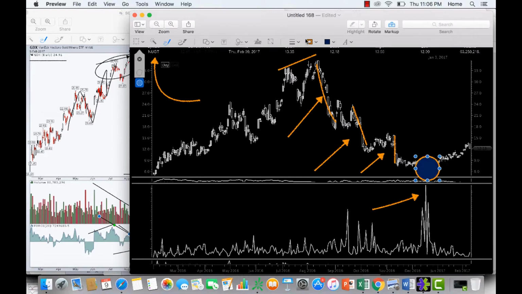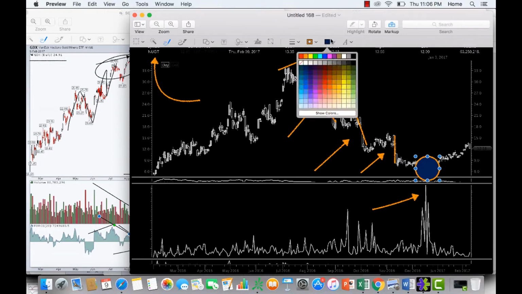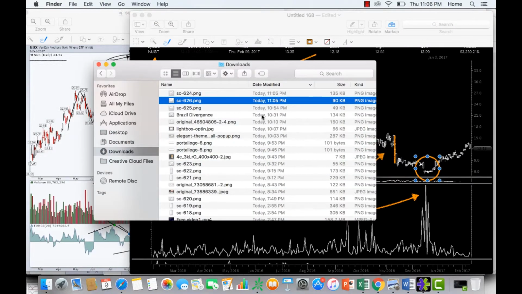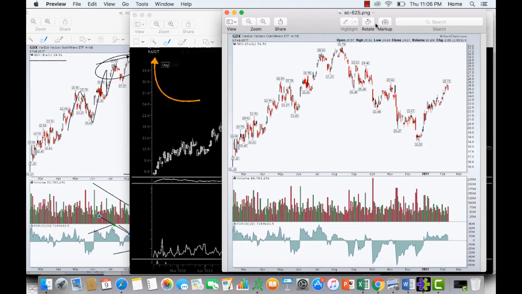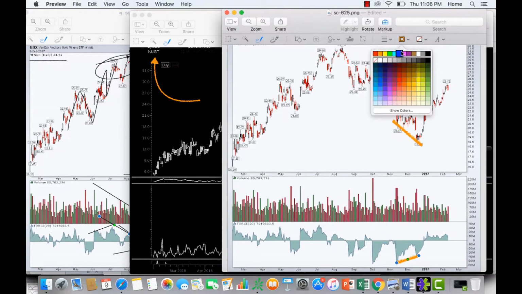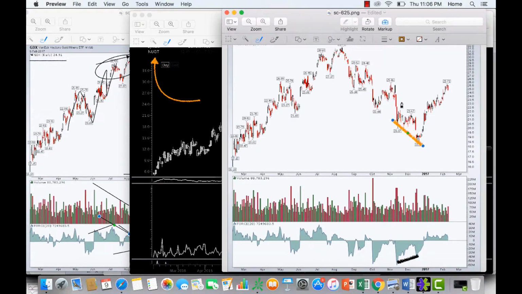I would tell you that on a standalone basis, this is a good enough trade in my view. That's already a good enough trade on its own. And that's because you've had at the time such a big decline, and then the force index diverges, okay?